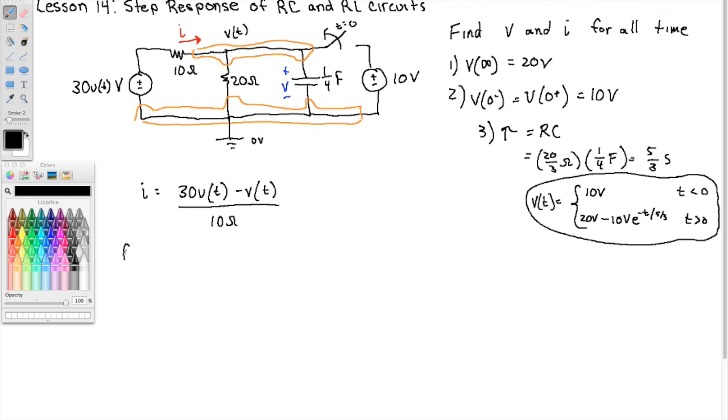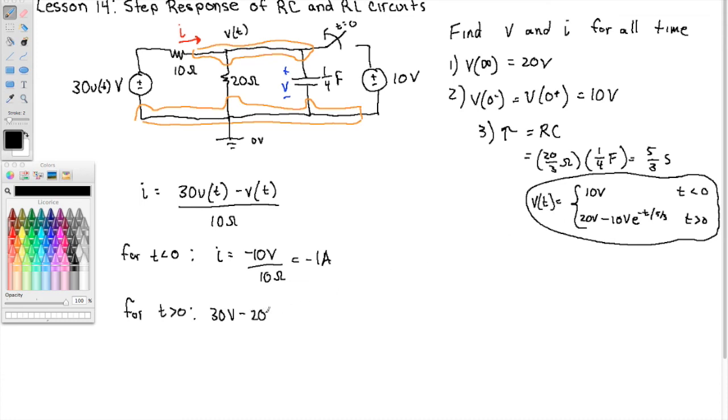Alright, so for time less than 0, I equals, well, the unit step is 0, and so we have minus, and then this thing is 10 volts, so we have minus 10 volts over 10 ohms, so the current is minus 1 amp. For t greater than 0, the unit step is 1, so we have 30 volts minus this thing.